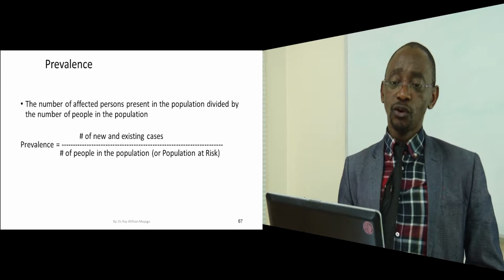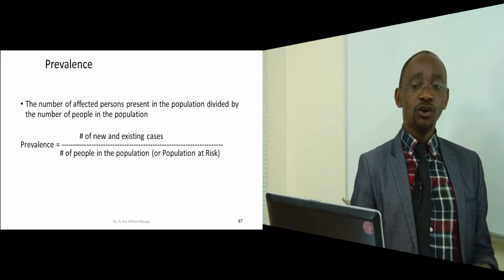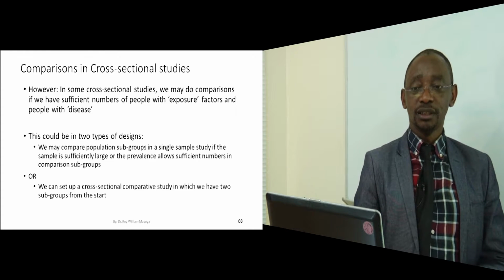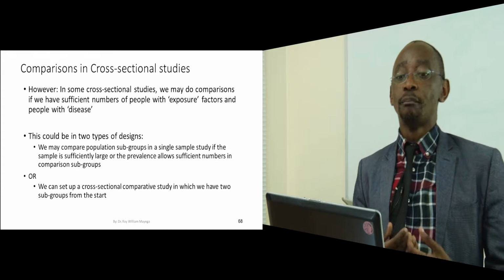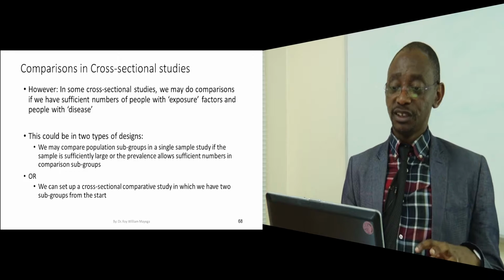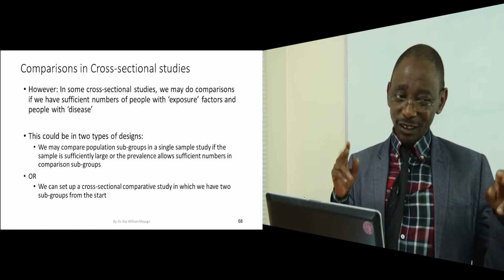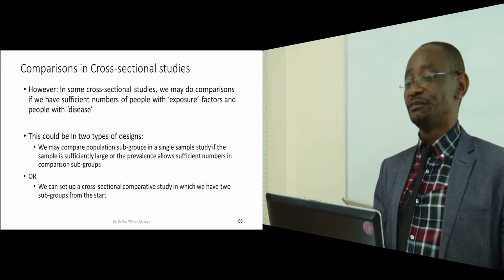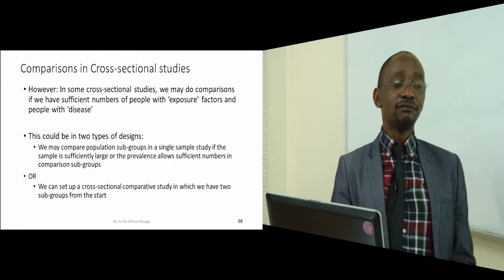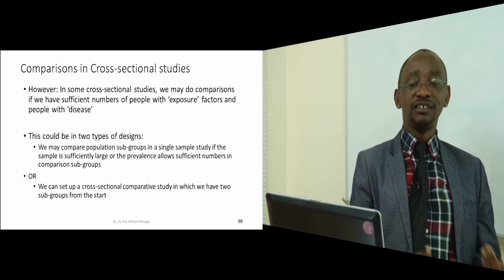Now, although cross-sectional studies are not designed for comparison, in several cross-sectional studies we do comparisons. Because you see, we have a suspected exposed group. For instance, in the example I have given, the people who don't have sufficient physical activity.